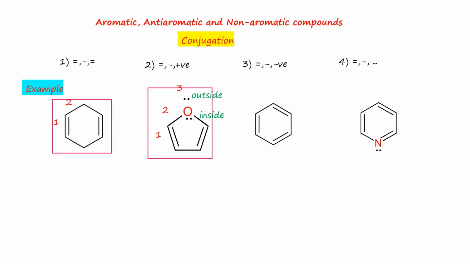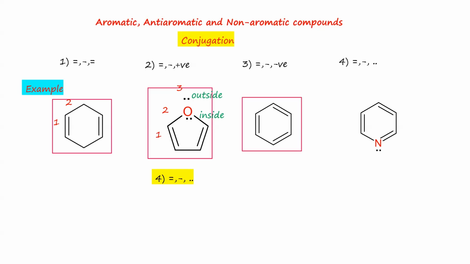So the lone pair of electron which is present outside the ring does not take part in conjugation. So only one lone pair is considered. So 1, 2, 3: double bond, single bond and a lone pair of electron, means it follows the fourth rule, double bond, single bond, lone pair. So this organic compound contains a conjugated system.